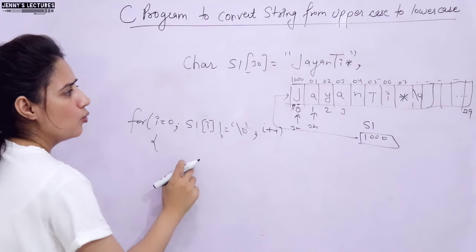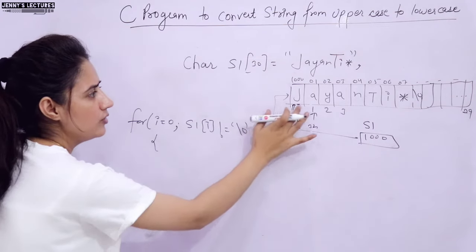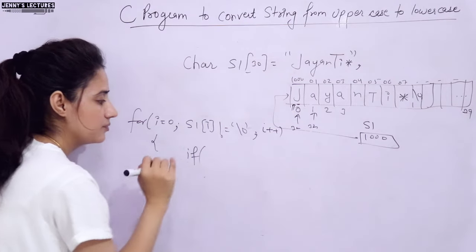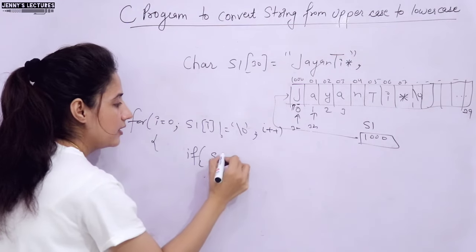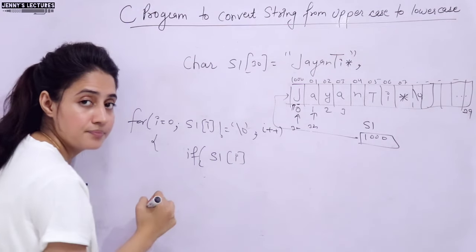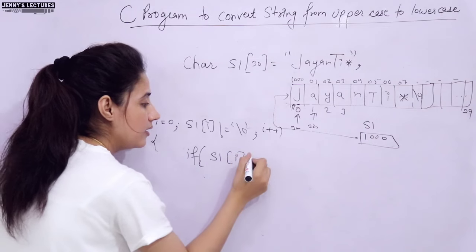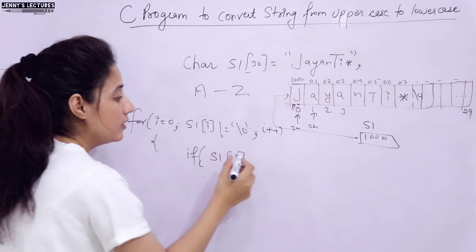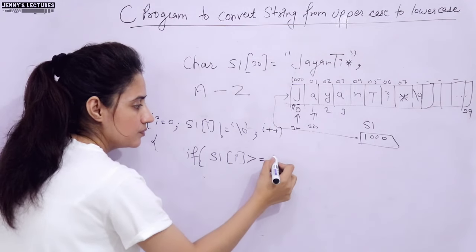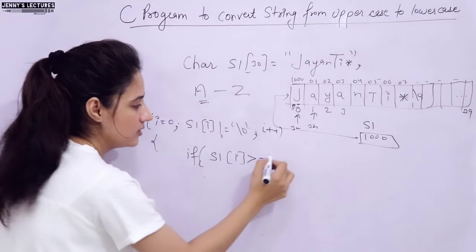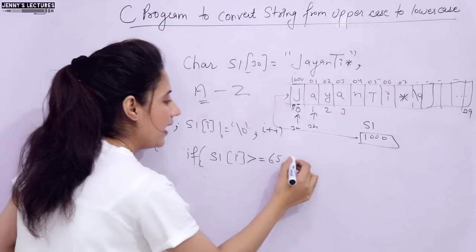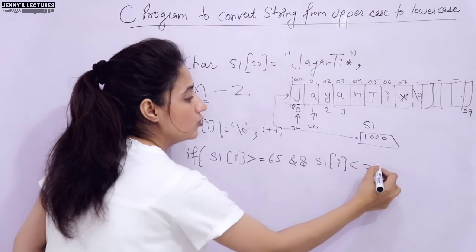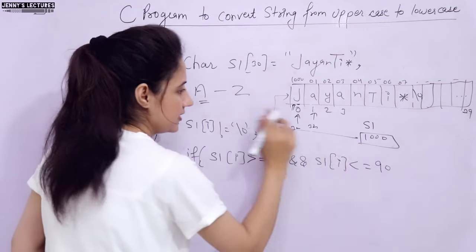Now here what we have to do: we have to add 32 to these characters, but based on some condition. What can be the condition? We have to check if S1 of i is between A to Z, then only we are going to add 32. S1 of i greater than or equal to the ASCII value of A, which is 65, and S1 of i less than or equal to the ASCII value of capital Z, which is 90.